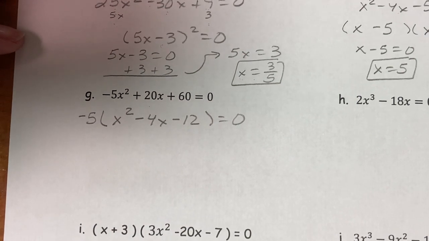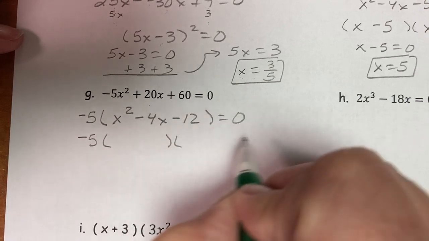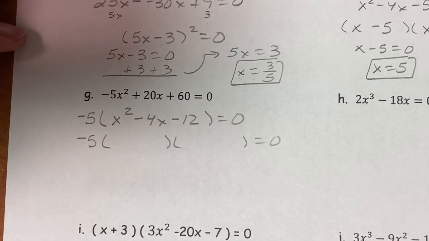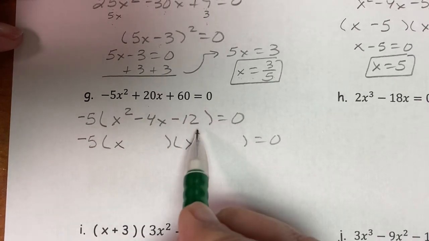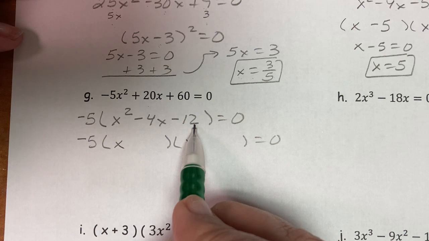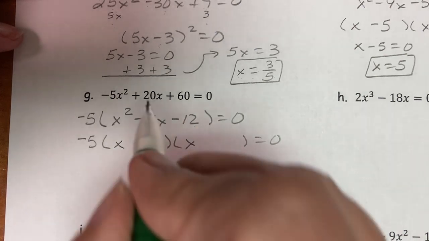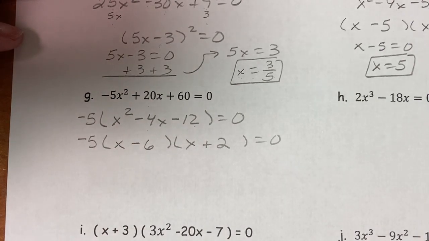When I divide that back in, that trinomial factors. If I go ahead and backwards FOIL, I'm going to get an x and an x. What can I multiply together to get -12 and add together to get -4? That's going to be -6 and +2.